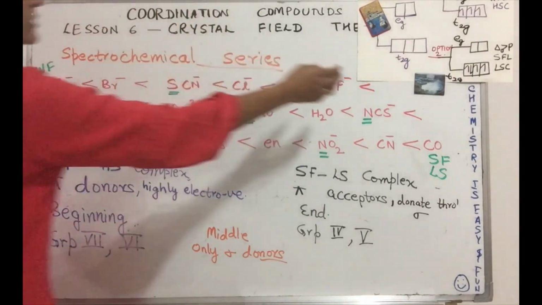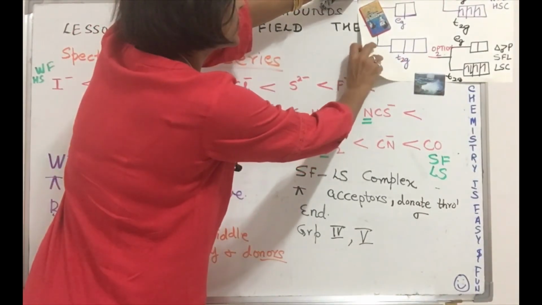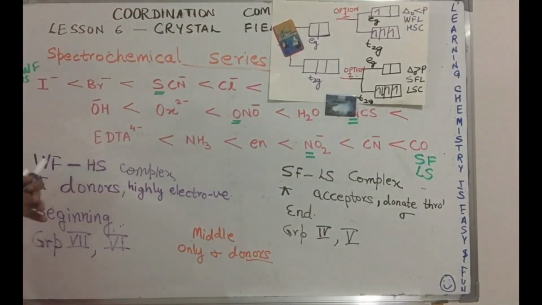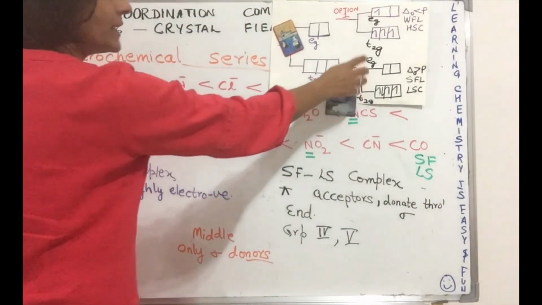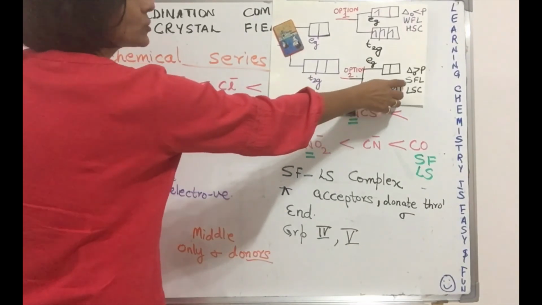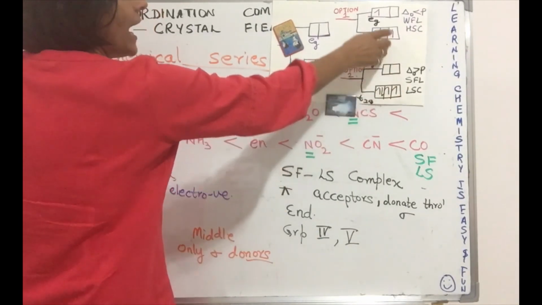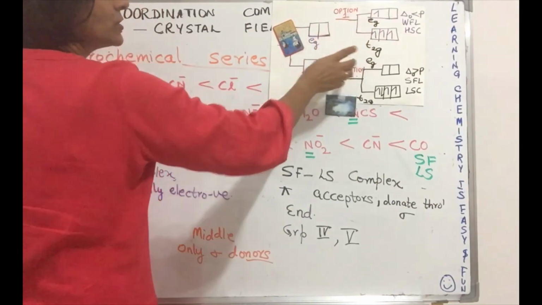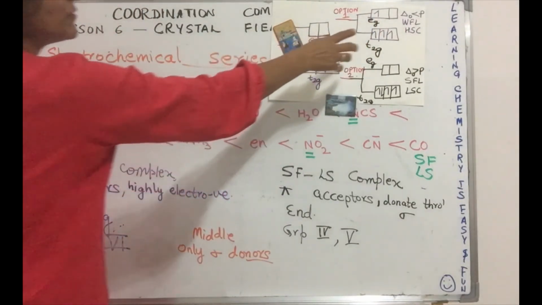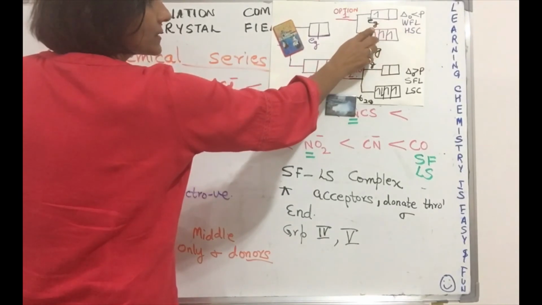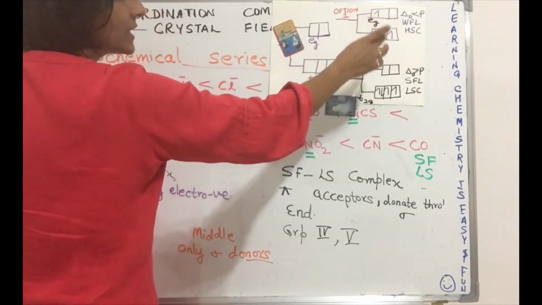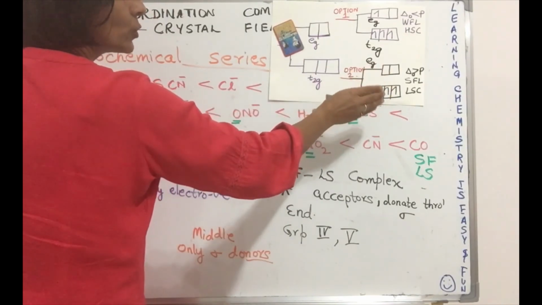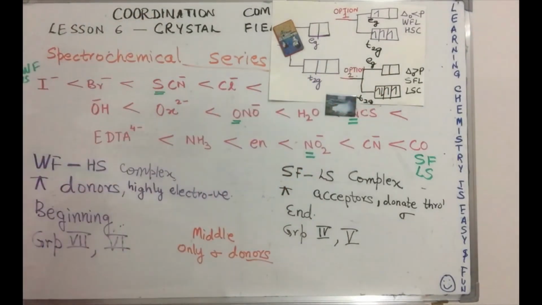Let's go back to what we had done under the octahedral complexes, where we said that pairing will take place if it's a strong field ligand, and if it's a weak field ligand, the electron enters into Eg. When it's a weak field ligand, it results in high spin complexes, and when it's a strong field ligand, it results in low spin complexes.